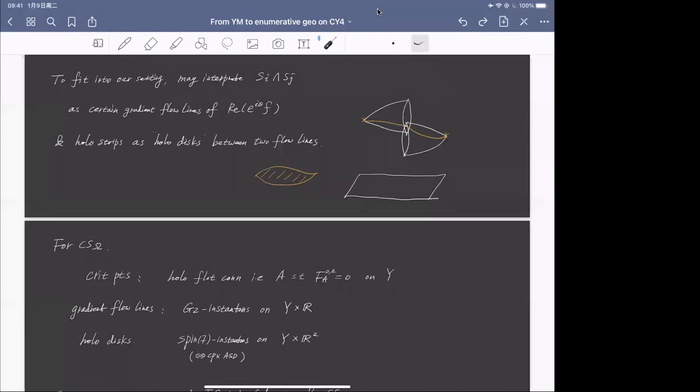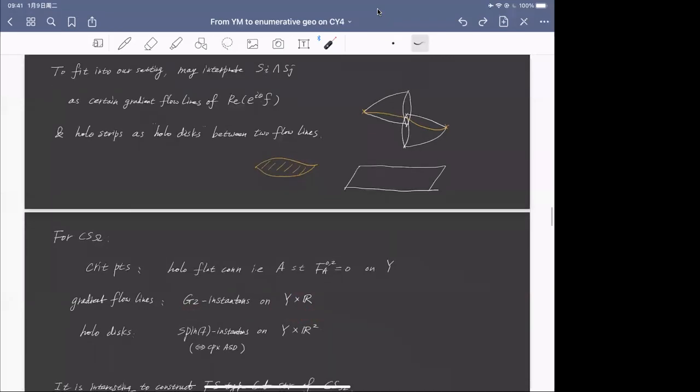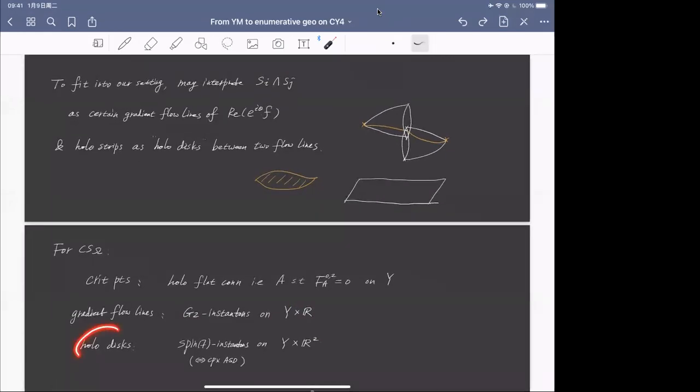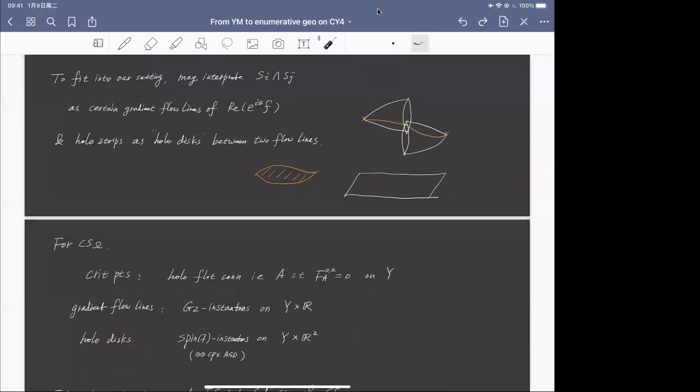You consider a gradient flow line between these critical points. This becomes a one parameter family of connections on the Calabi-Yau fourfold, or equivalently a connection on a 7-manifold. This is the so-called G2 instanton on the 7-manifold, which I will mention later. And then the holomorphic disk becomes the so-called Spin(7) instanton on this higher dimensional space, Y cross R2.